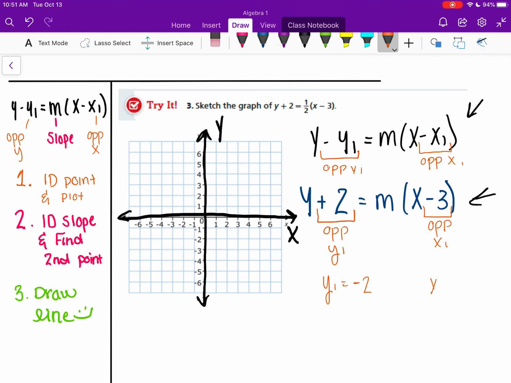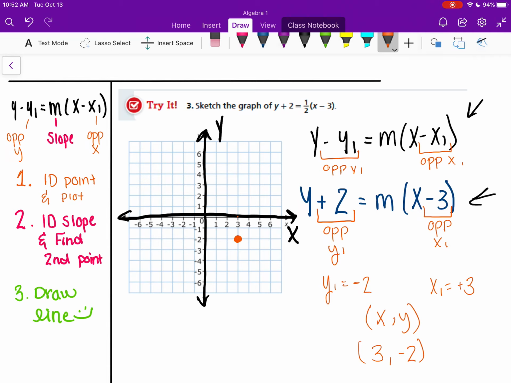So the opposite of minus 3 is plus 3. So that means our point on the line, remember our point is an x comma y, our point is 3, negative 2, where we bring the x and then we bring the y. So first up, we're going to plot that point. When x is positive 3 and y is negative 2, we're going to plot that point. Check.